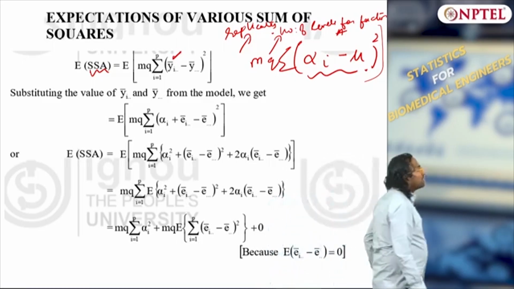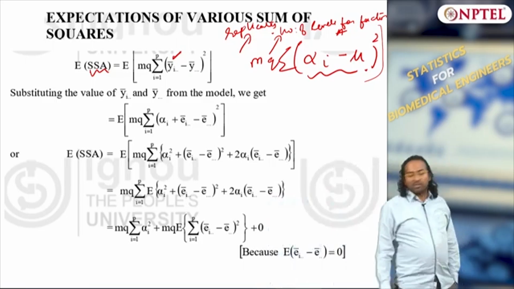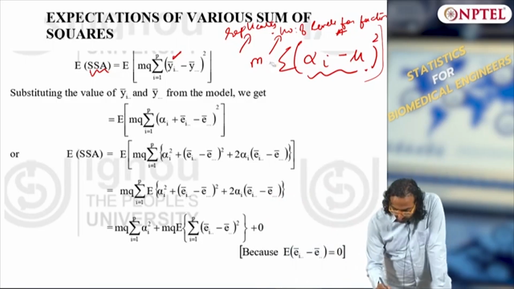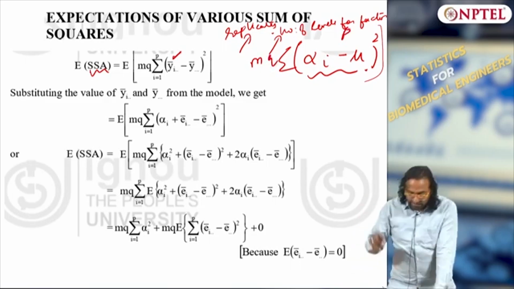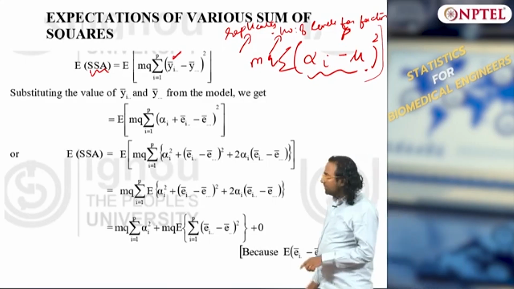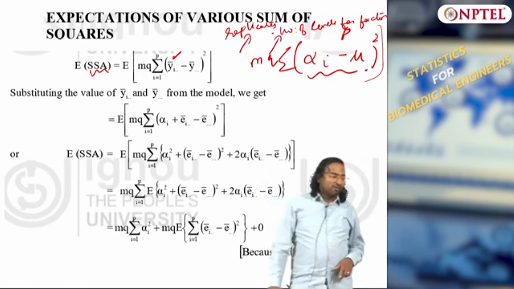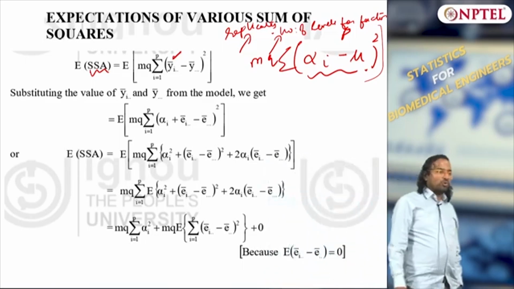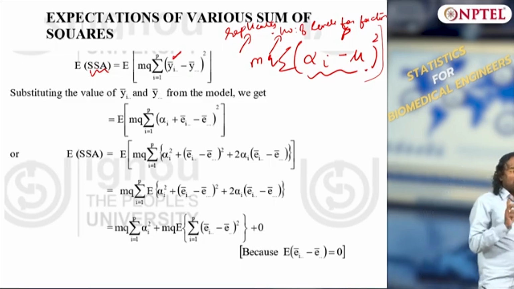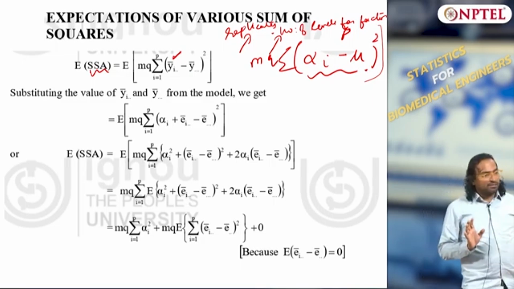So it should be MQ times summation of alpha i minus mu the whole squared. This is your sum squared A, okay.